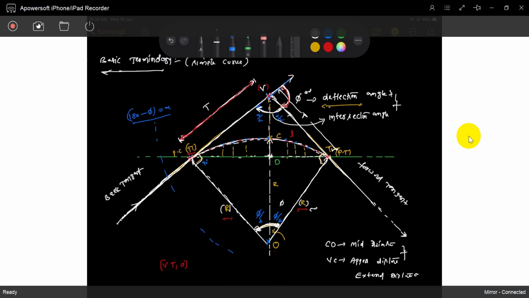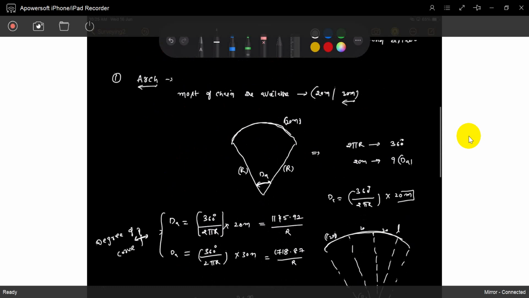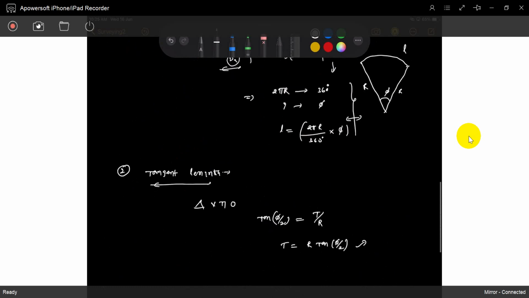So tan phi by 2 is T divided by R. So we can easily conclude that the tangent lengths VT1 and VT2 are equal. Then only we can draw the curve easily. T is equal to VT1 equals VT2. That is the tangent length.